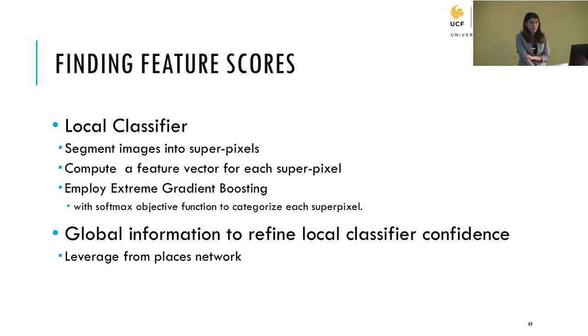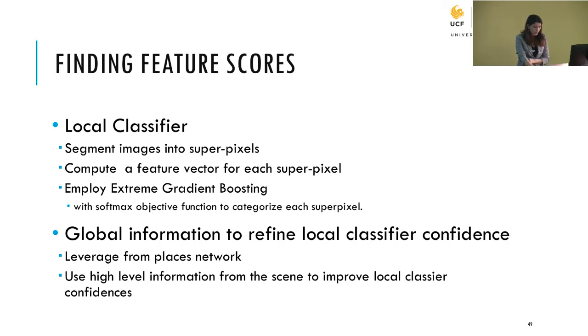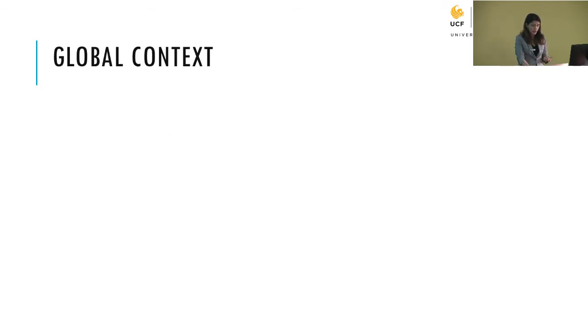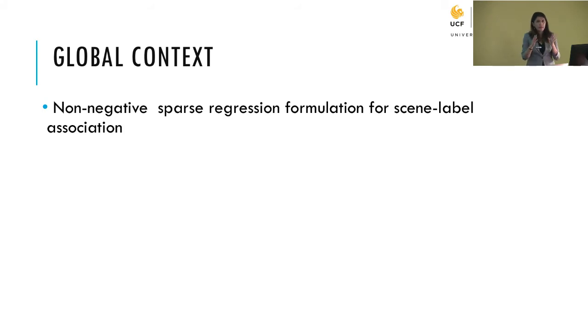For that, we use this Places network that was trained on more than 200 scene categories. For one image, it gives the scene categories. So how can we use this global information? We want to find a mapping between these scene categories and the semantic labels. For that, we use non-negative sparse regression.